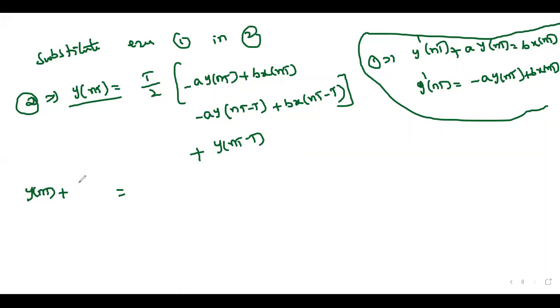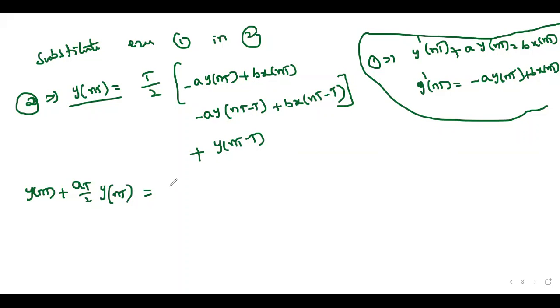So a into t by 2 into y of nt, that's it, is equal to y of nt minus t; here one term, here one term.